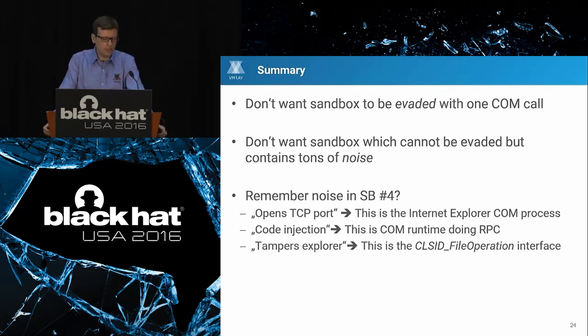Basically the same goes for the Explorer tampering noise that was found. In that case, it's just the forced test case that copies itself to the Windows folder. What it does is an RPC, and this RPC is executed in a Windows Explorer process. And it seems like this made the sandbox believe that the test cases tamper with the Explorer at this point. But again, that's just not really right.